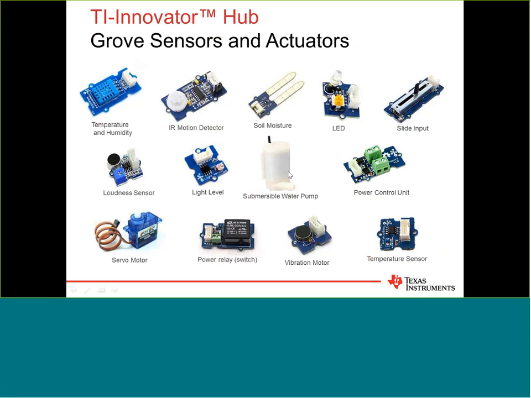You can connect a submersible water pump up. There are power control units, little motors, relays for controlling motors or lamps or that type of thing, little haptic vibration motors, temperature sensors, and these are all inexpensive sensors that can be built into projects. Use a little hot glue to fasten them in place, and don't have to worry about them being a big budget item. Most of these go for about $4 or $5.